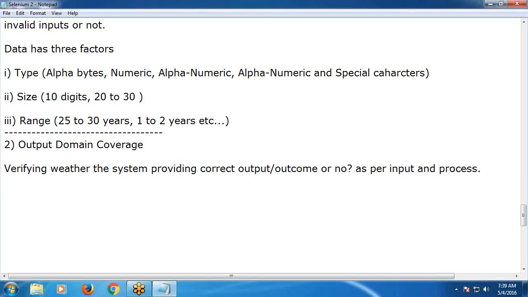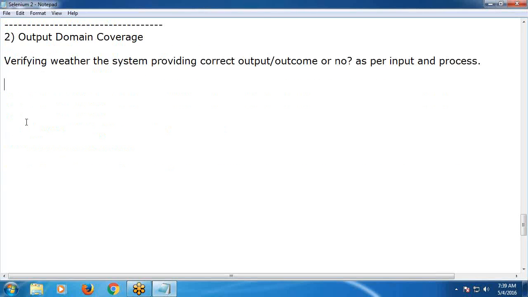Say input plus process equal to output. Just understand the purpose. Input plus process equals output.